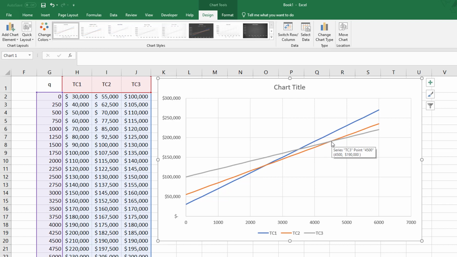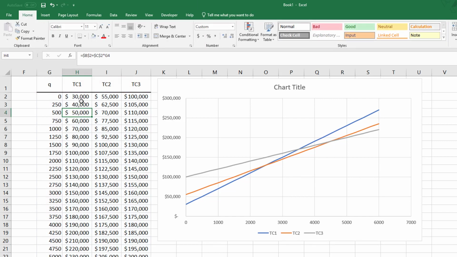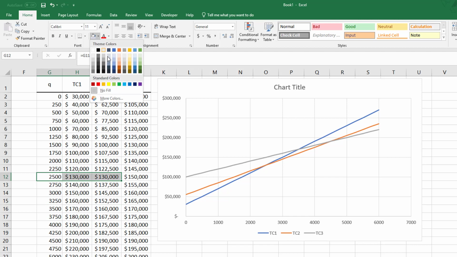So what can I do? Because of my well-chosen table, I can look for an output level where total cost 1 and total cost 2 have the same value. So, scanning down here, looking for total cost 1, oh, there it is. Total cost 1 and total cost 2 have the same value.